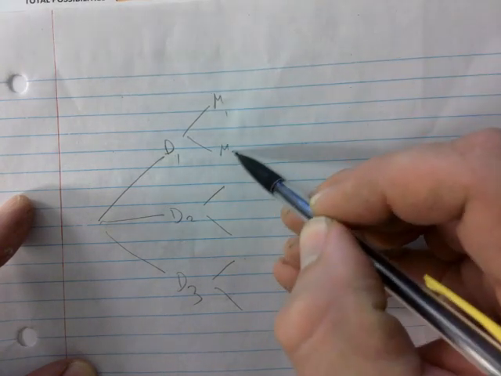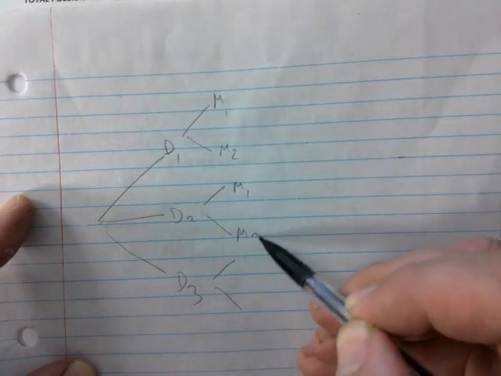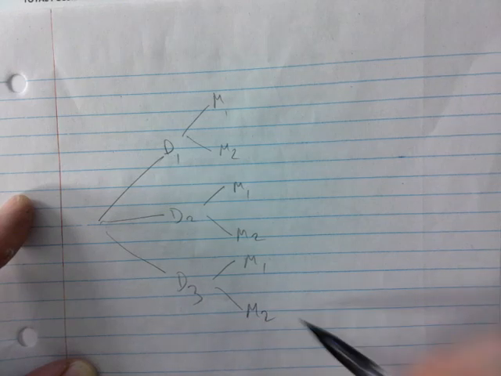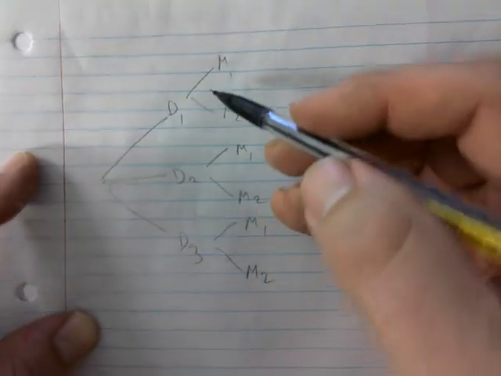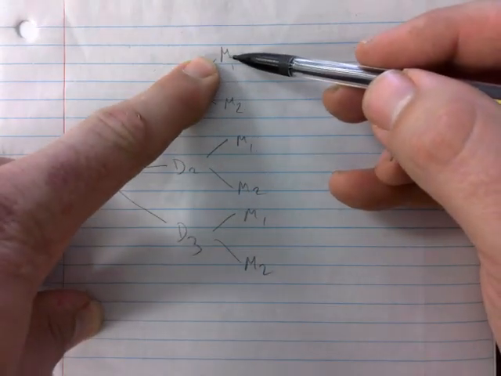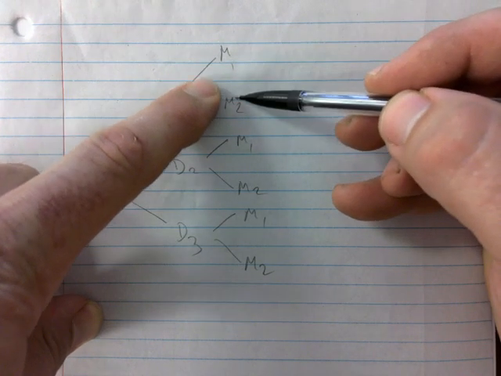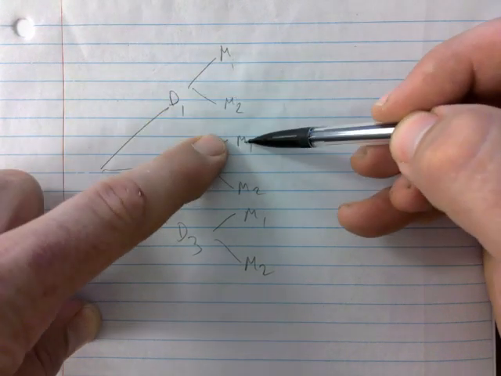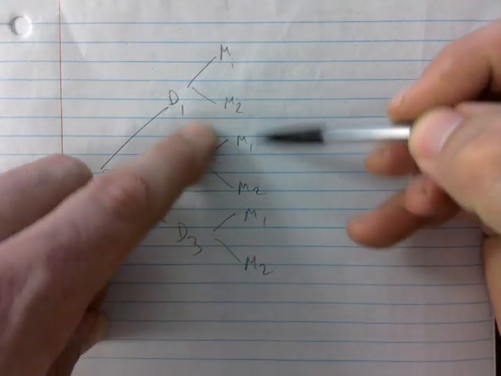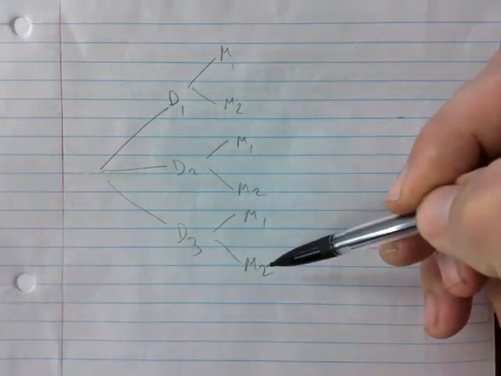Meal 1, meal 2, meal 1, meal 2. And regardless, once you count the tip of the roots, 1, 2, 3, 4, 5, 6, that's how many options you have, and the tree diagram shows you that.